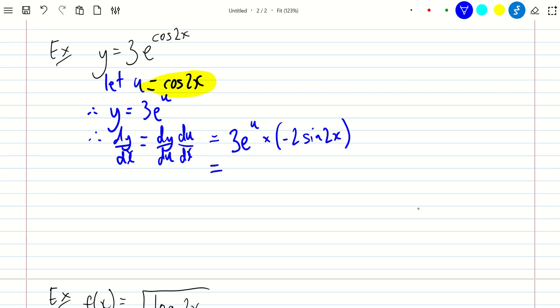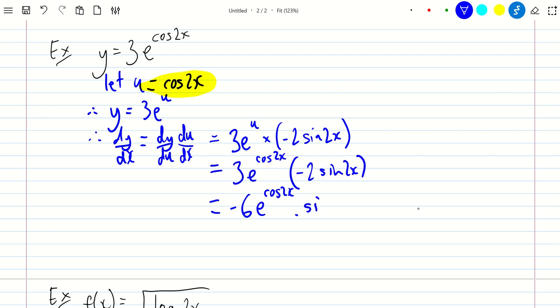And then I just need to put that u back in. u is cos 2x, so this is equal to 3e to the cos 2x multiplied by -2 sine 2x. We can tidy up that 3 and that -2, so it'll be -6e to the cos 2x times sine 2x. So that's my final derivative there.